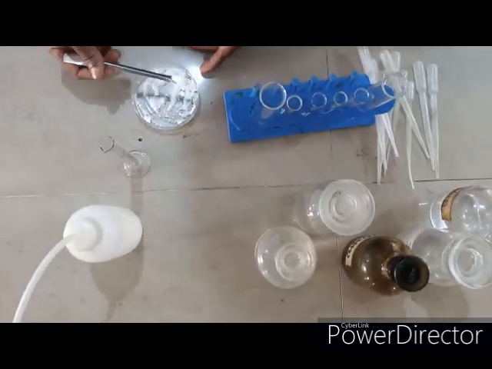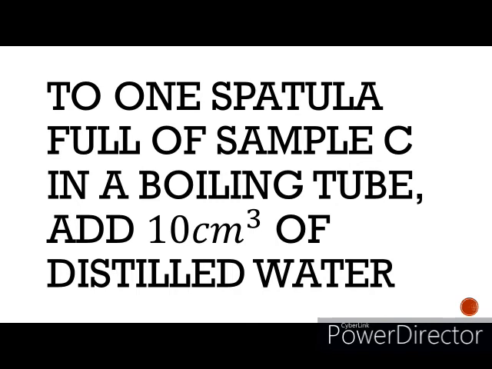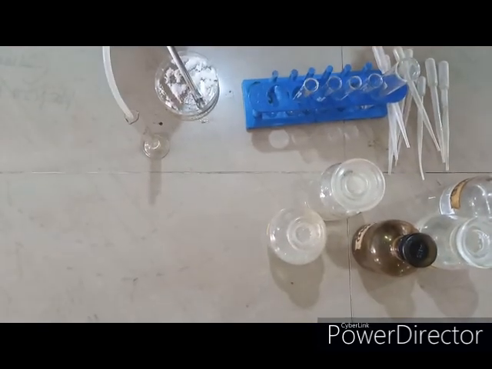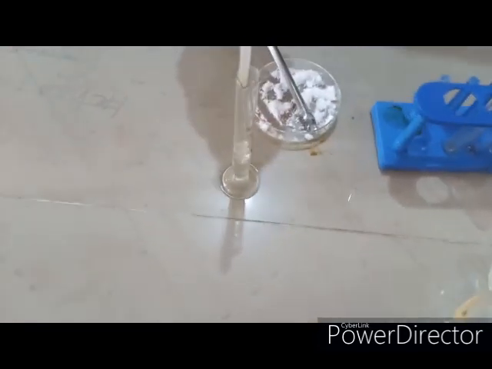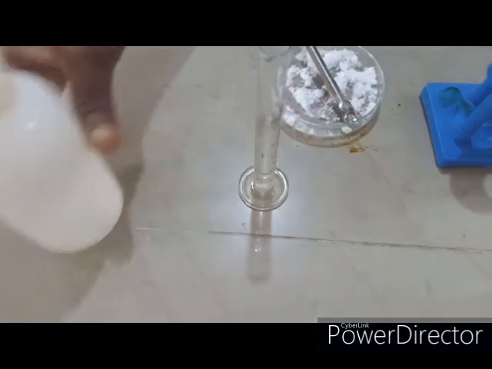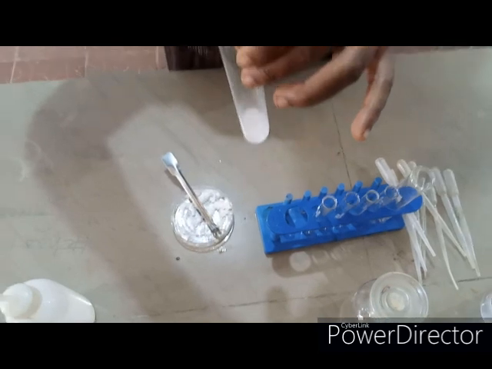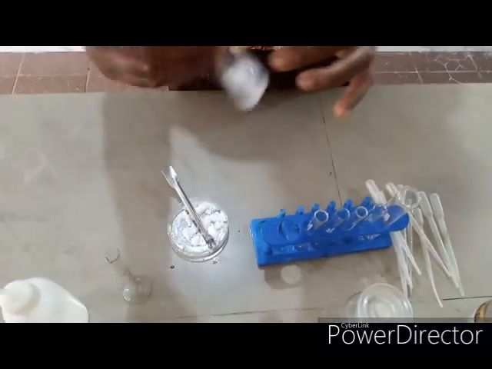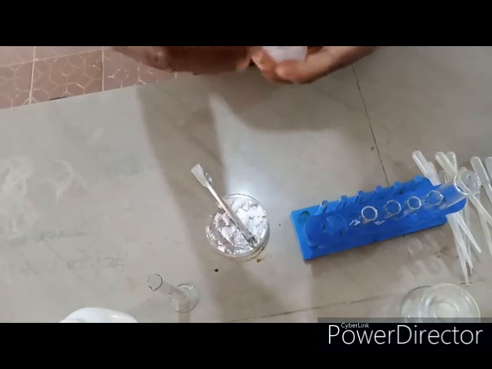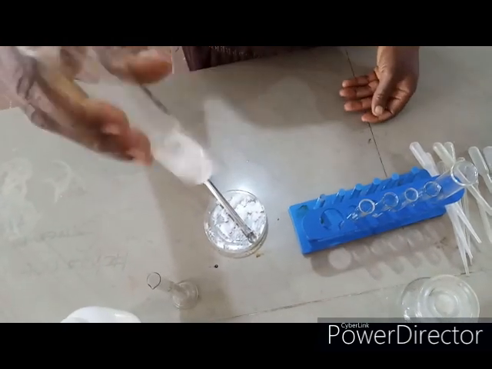Measure 1 spatula full of the salt, put it in your boiling tube, and add 10 cm³ of distilled water. Shake it very well to see whether the salt will dissolve or not.